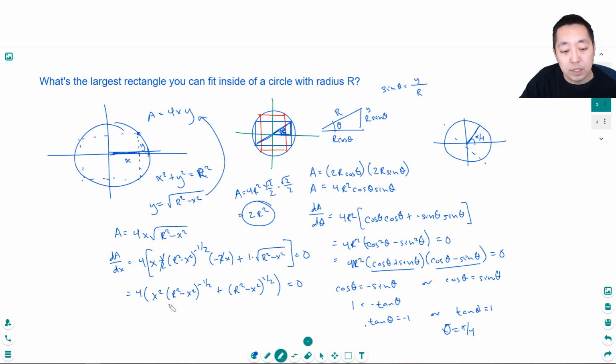But I'm going to factor. Whenever you're trying to solve for 0, you want to factor something. And I want to factor the common term out here. I'm going to pick the smallest exponent, which is negative 1/2. So what's left in here is x squared. And what's here is r squared minus x squared.